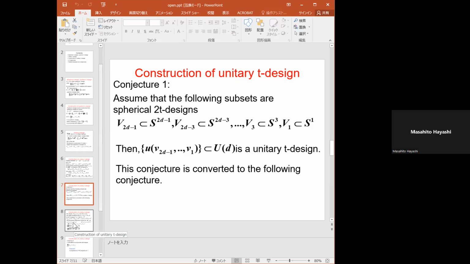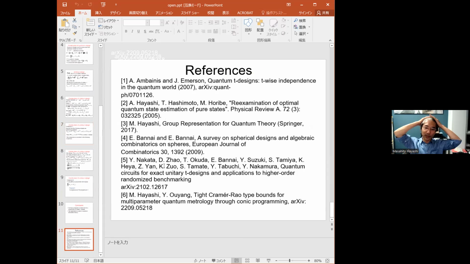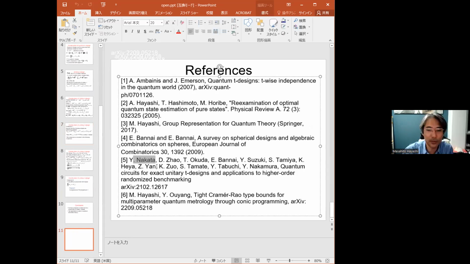I think this conjecture and this construction are more efficient than their construction, but their construction is somewhat complicated, somewhat limited, and not so natural. And too many authors.